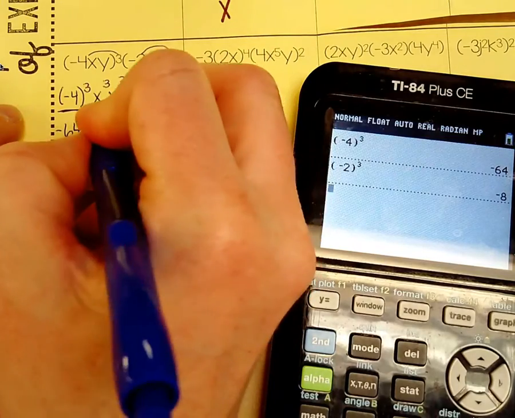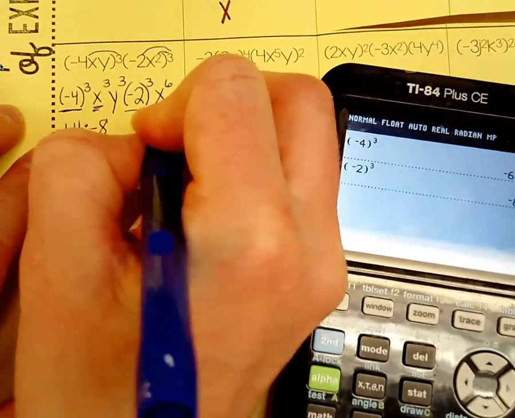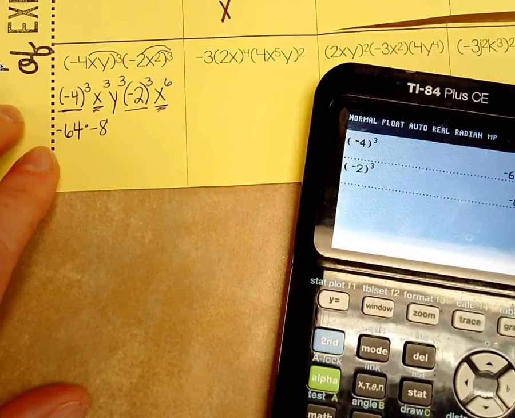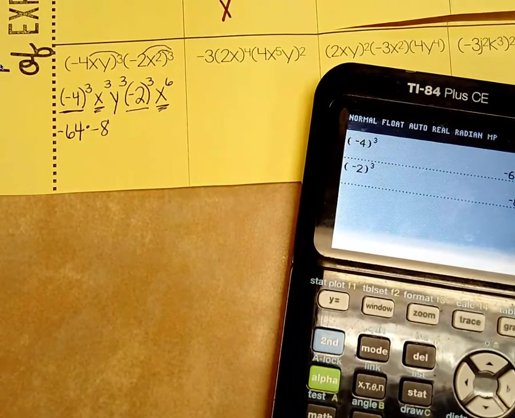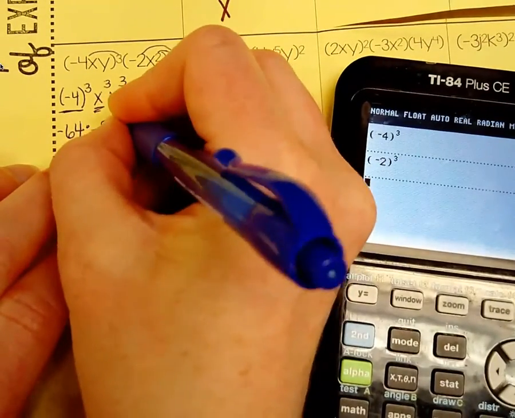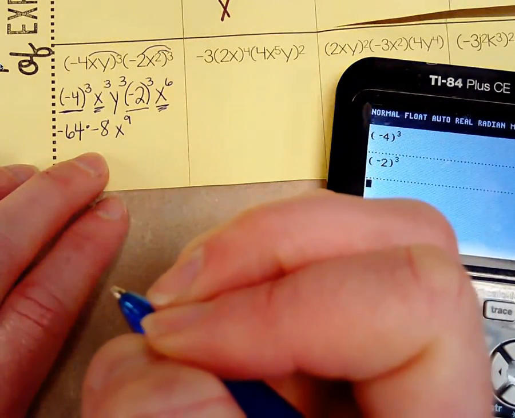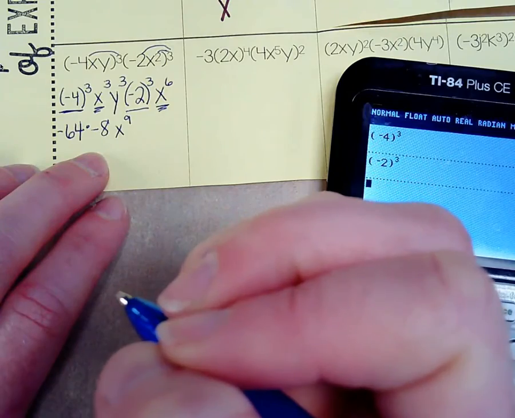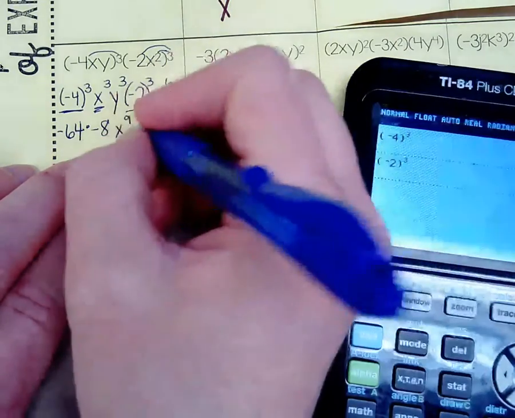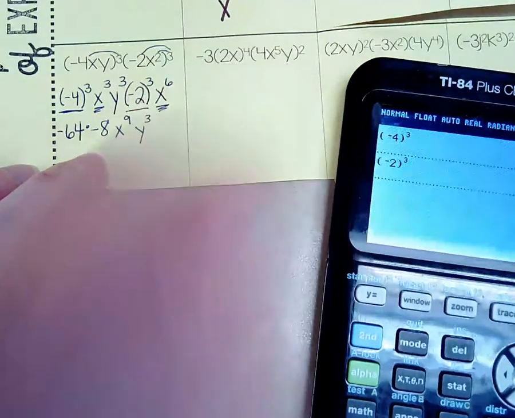Now our x's, x3 and x6. When they have like bases, what do I do to my exponents? Add. So what will it be? x9. And then y doesn't have any partner, so we just write it down.